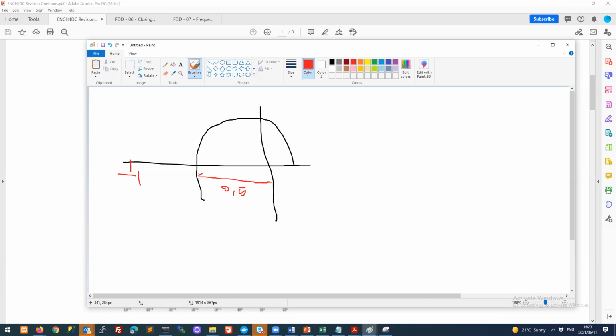So the width here is 0.5. Then your gain margin is 1 over that. So gain margin is defined as 1 over that distance, 1 over 0.5. So that's going to be a 2, right? Was that what you were asking?